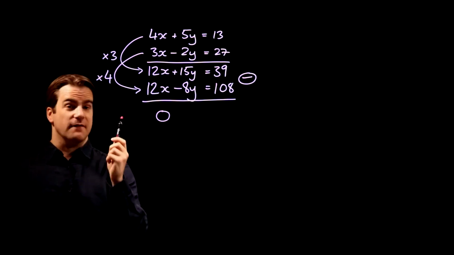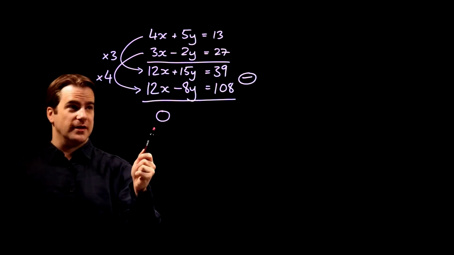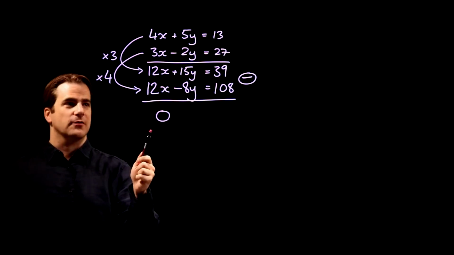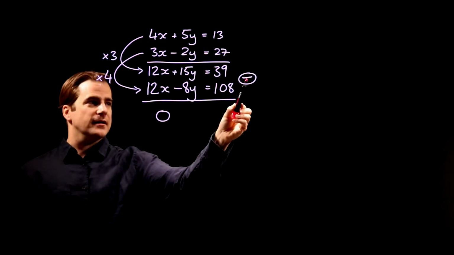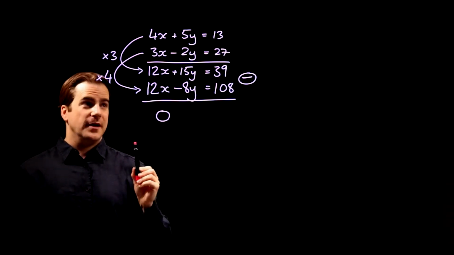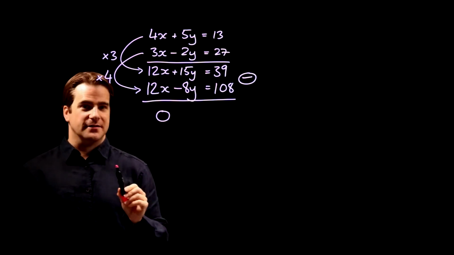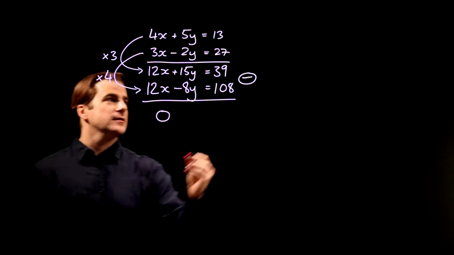Right, now this bit, very important. This is where everybody goes wrong. If they're going to make a mistake, this is where you'll go wrong, because we want to do 15y minus minus 8y. People forget that second minus all the time. You've got to be very careful. There are two minuses.